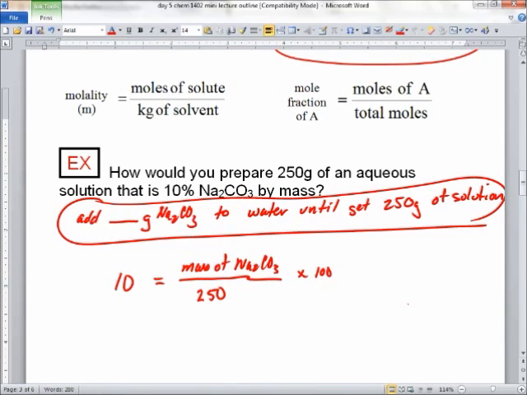The mass of sodium carbonate would be, not an answer, just what would the numbers be? What would all the numbers be? So I want to solve for just this guy. We got to get rid of him and get rid of him.